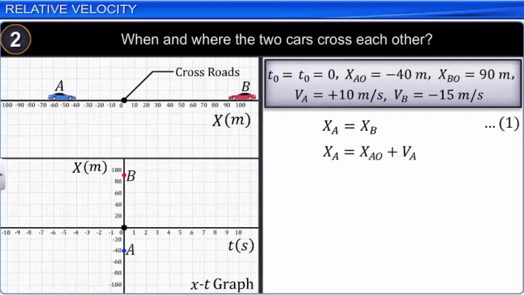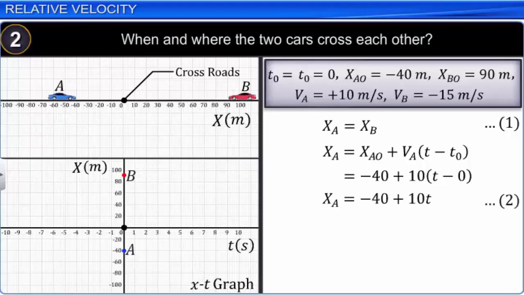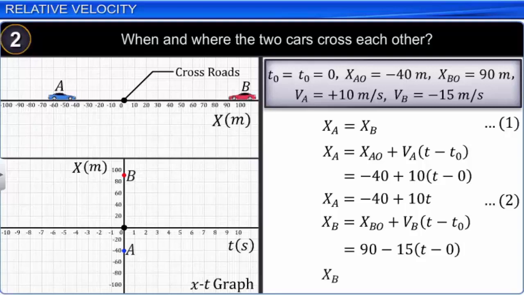By substituting and simplifying, we get XA equal to minus 40 plus 10T, which is equation 2. Similarly, XB is equal to XBO plus VB into T minus T naught. By substituting and simplifying, we get XB equal to 90 minus 15T, which is equation 3.